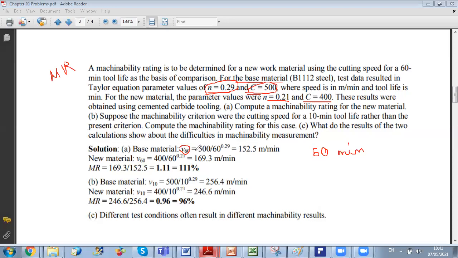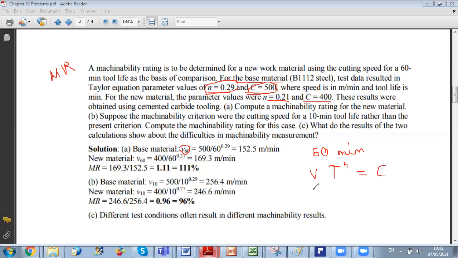We will use the Taylor equation: V times T to the power N is equal to the constant. For this material, they gave us that N and C are respectively 0.29 and 500.